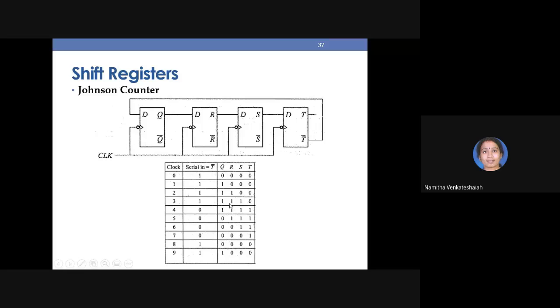Because of the circuit, when all become ones, if you observe here, we have connected the inverted output as input here. So it will become 0 here. Again shifting will happen. Again, its inverted output we have connected here. So it will repeat.